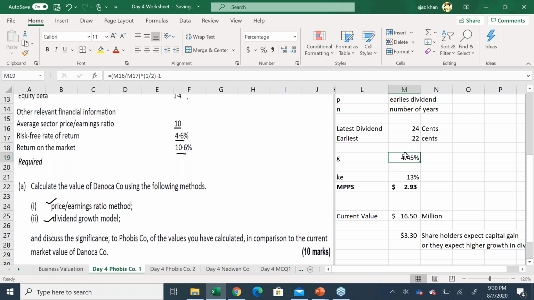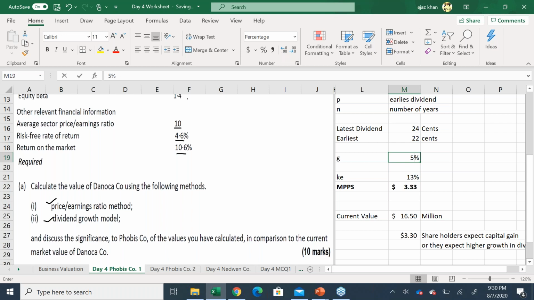Let me increase this growth rate to 5%. See, it's 3.15. Let me increase it to 5.1. It's 3.19. Let me increase it further, 5.2. It's 3.2. Let me increase it, 5.2, 3.24, 5.25, 3.26, 5.3, almost getting closer to the current market price, 5.4, 3.33.